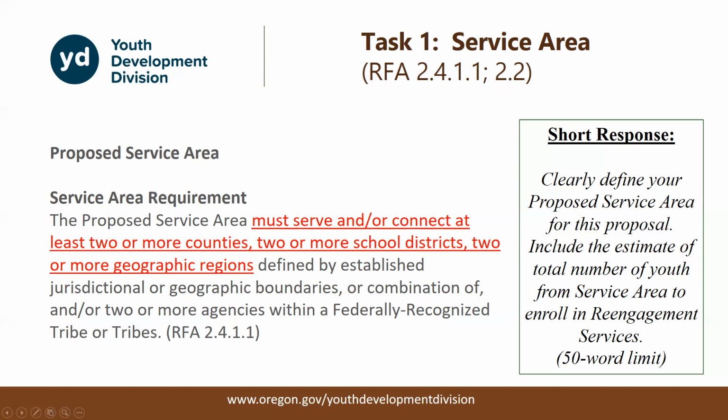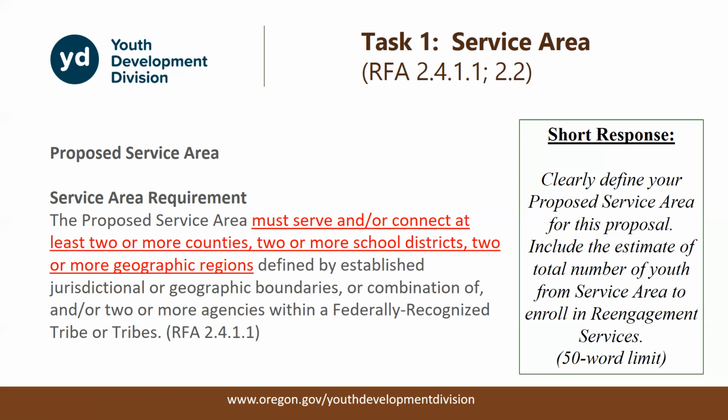And one other important note is that in the service area that you're proposing, you're also required to offer the coordination and re-engagement services in that entire designated or defined service area.